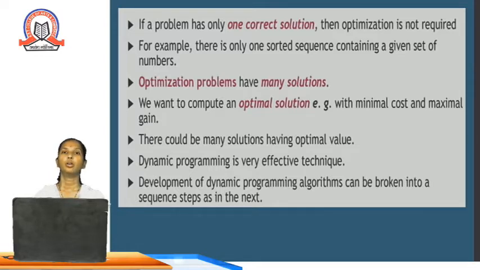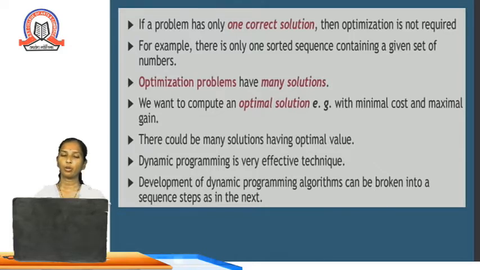Optimal solution in the sense that either we want to find something as a minimum, or we are searching for the maximum. There could be many solutions having the optimal value. Dynamic programming is a very effective technique.